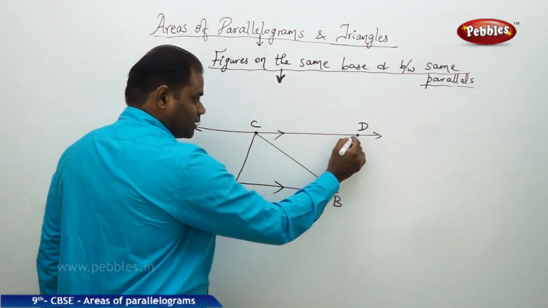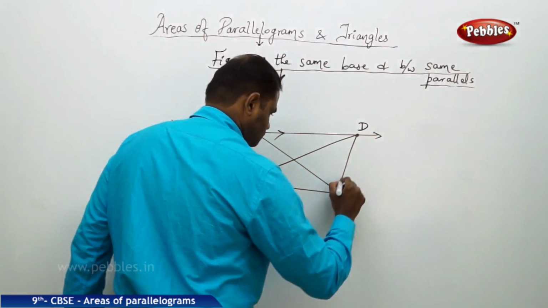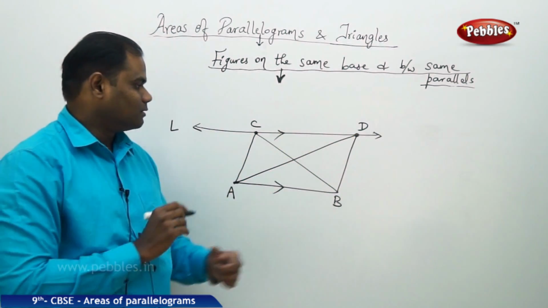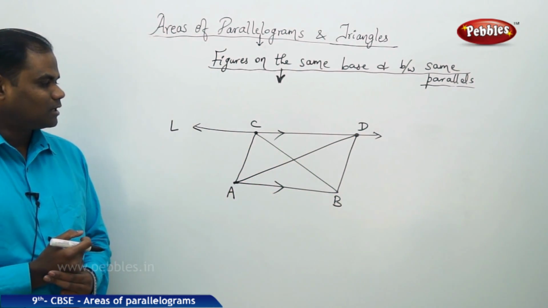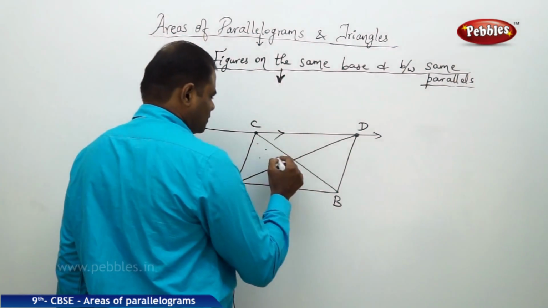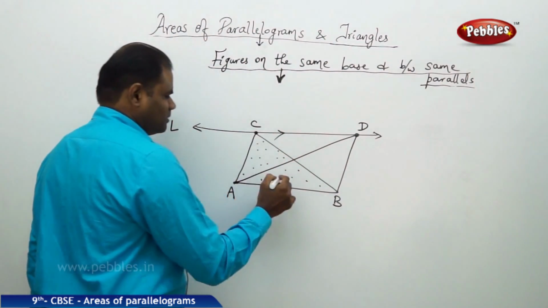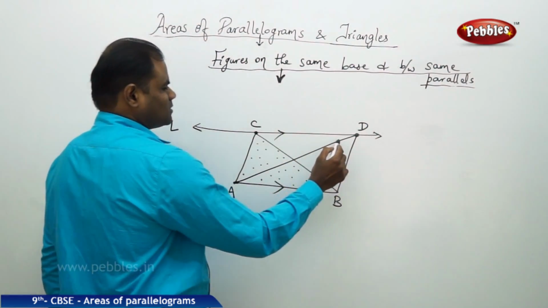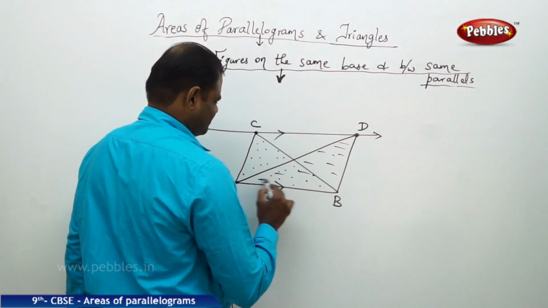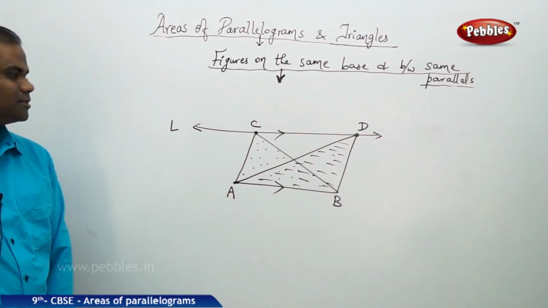Now I will draw a triangle ADB with the same parallel. Now here comes the investigation on what would be the relation between this triangle ABC and this triangle ADB.